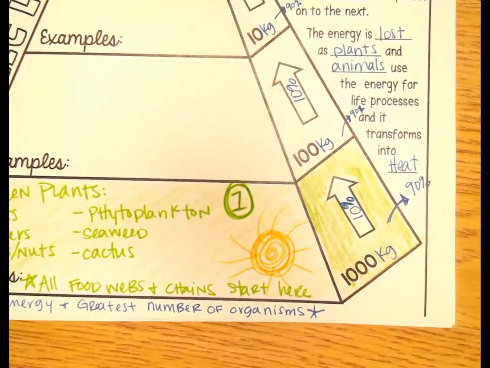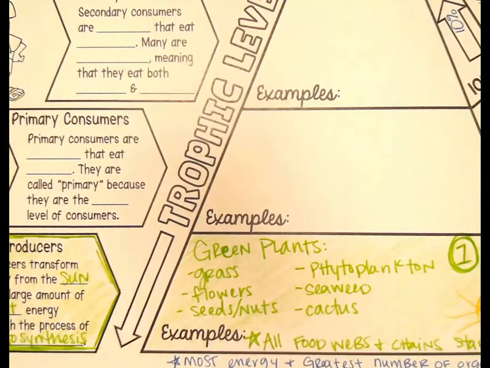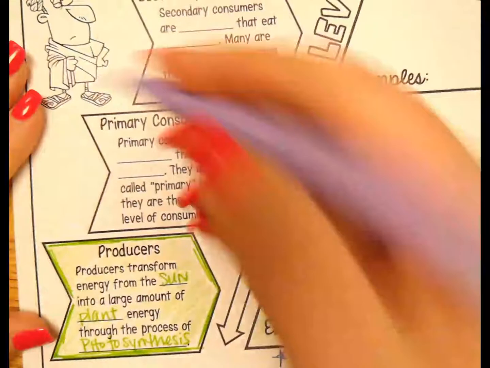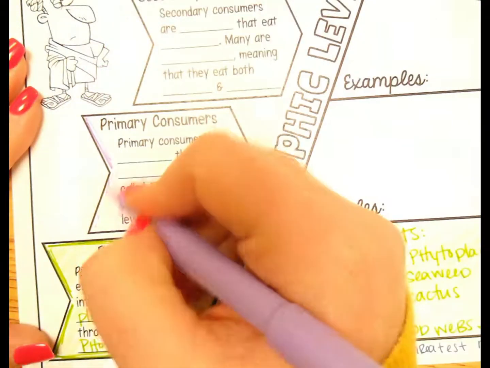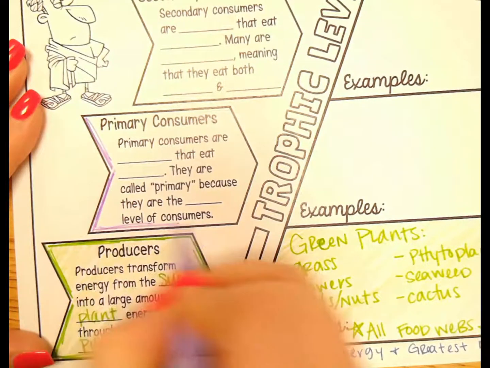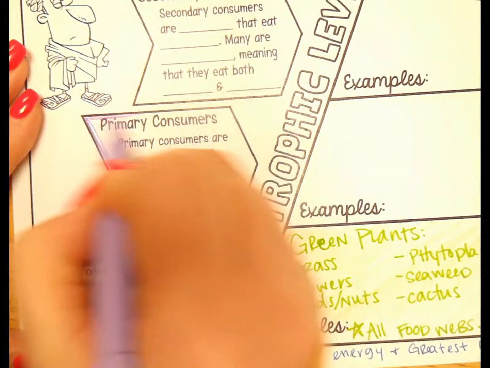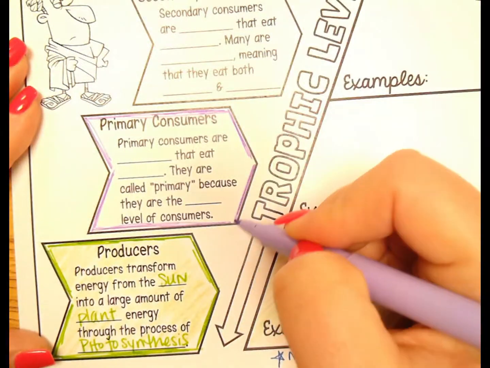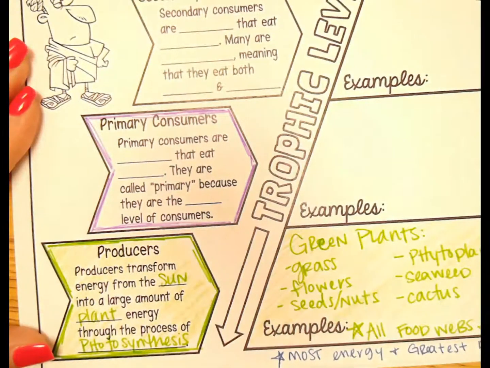Okay. All right, so we're going to be switching from green to purple for our primary producers. So primary producers are going to be on the second tier. Did I say producer? I meant consumer. Primary consumers. Consumers are organisms that eat those producers.